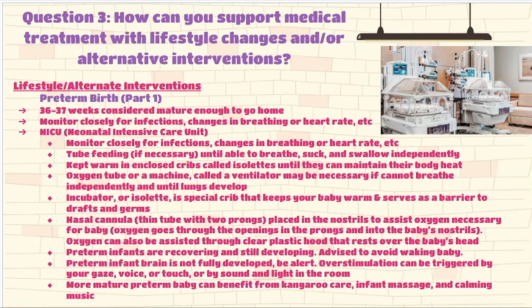The nasal cannula, a thin tube with 2 prongs, is typically placed in the nostrils to assist with oxygen, or there is a plastic hood that goes over the baby's nose and mouth to also assist with oxygen.